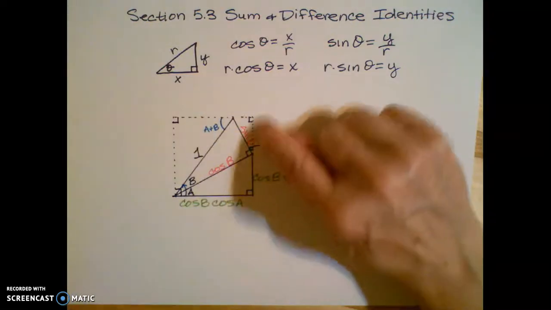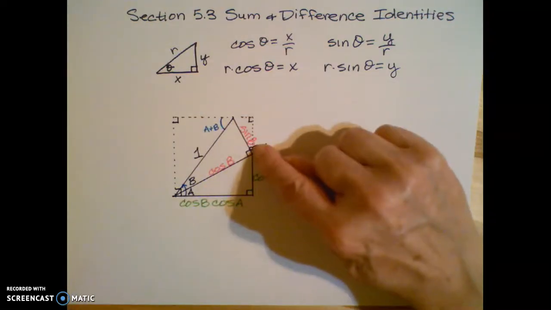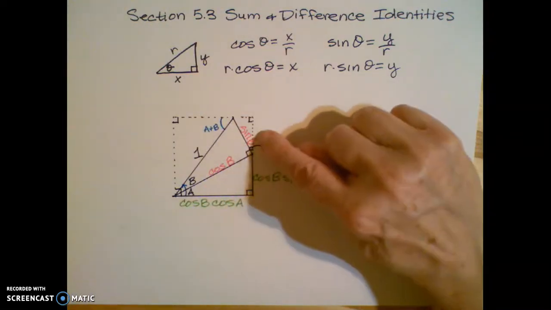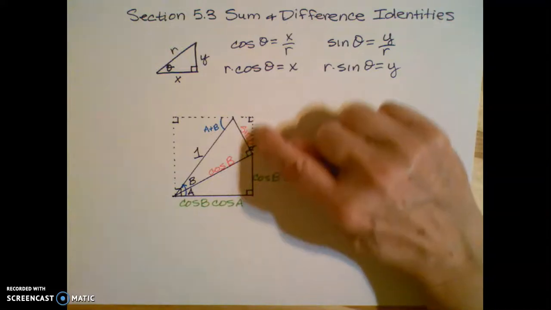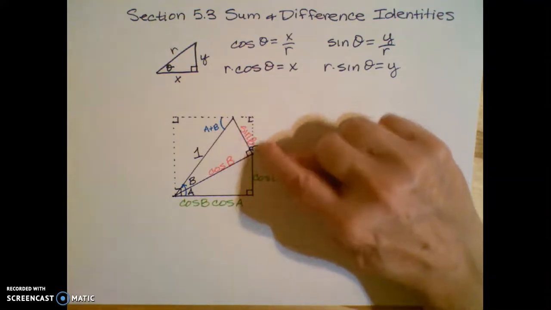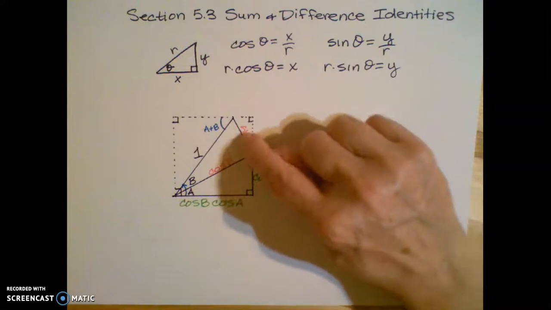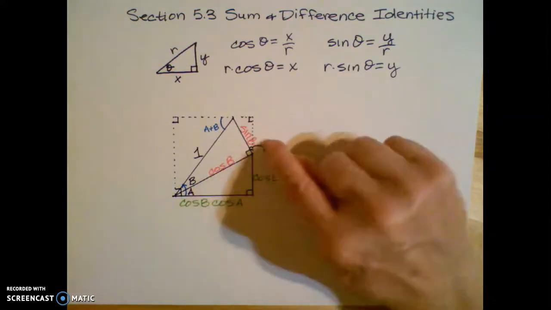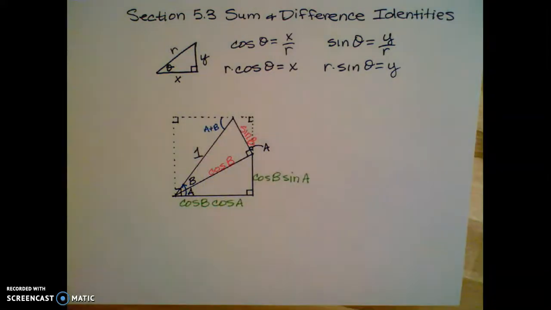Okay, so let's deal with this smaller triangle first. With this acute angle A, the side adjacent to it, which is from this point up to that right angle, the side adjacent to that acute angle would be the length of the hypotenuse times the cosine of the angle.